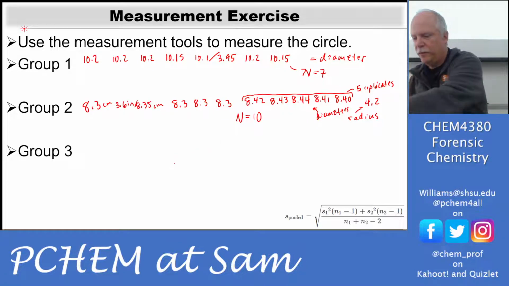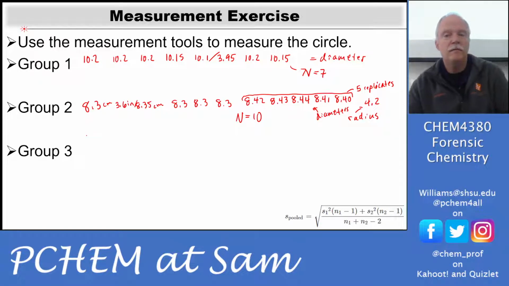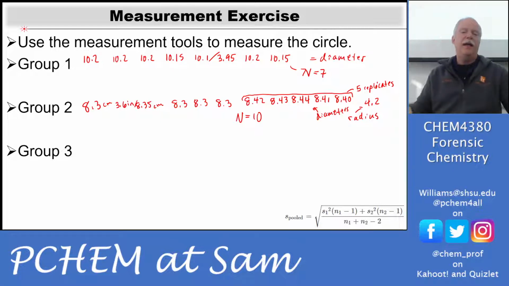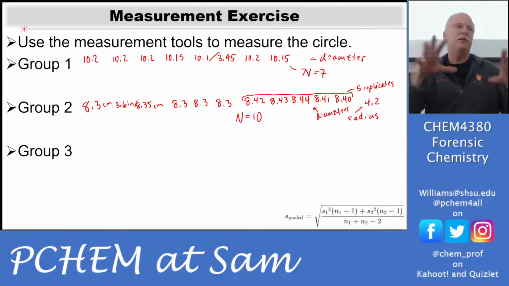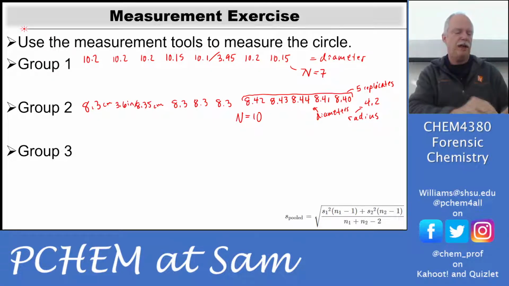Okay, let's look at group 3. I have a question. Yes. So you said replicate was the same thing with the same instrument. Mm-hmm. And duplicate would be same thing but different? Yeah, it's kind of hard to determine the difference between those two words with this simple exercise, but think about a GC. If you take your sample, the same concentration, and you prepare vials from that sample, that's a duplicate.